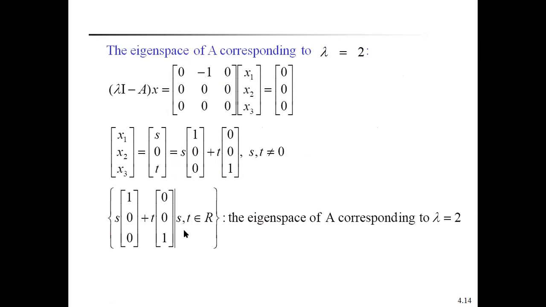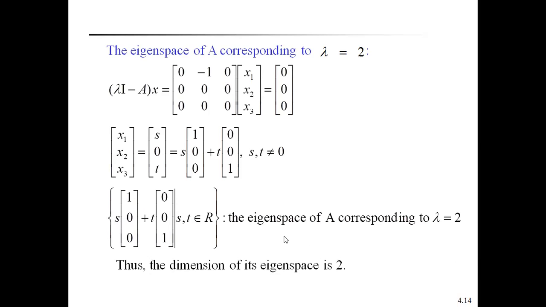Here, the eigenspace of A corresponding to lambda equal to 2 is the set of linear combinations of the two column vectors (1, 0, 0) and (0, 0, 1).